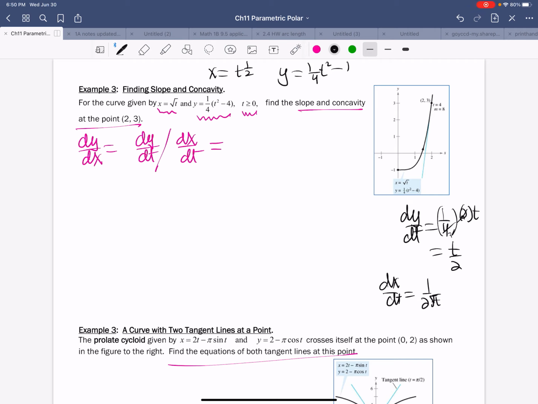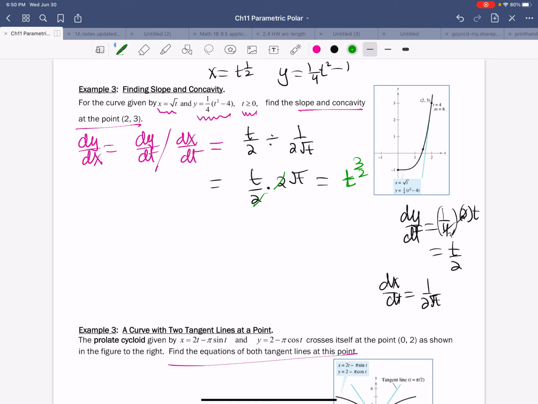So we have t over 2 divided by 1/2 square root of t, which turns out to be t over 2 times 2 square root of t. The 2 and 2 cancel. Square root of t is t to the power 1/2, 1/2 plus 1, t to the power 3/2. That's what we are left with, t to the power 3/2.